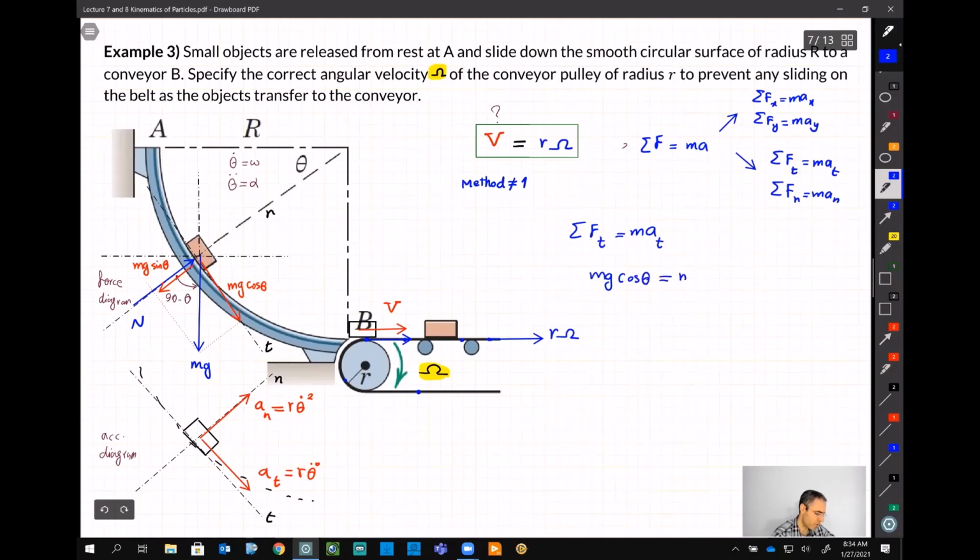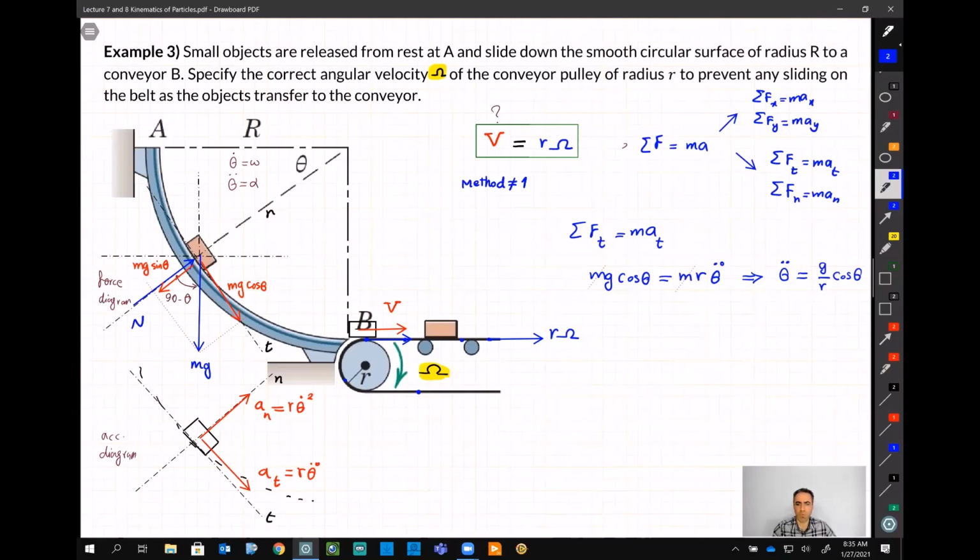It's equal to m at, which is m r theta double dot. So far good. We can get rid of this m, and we found theta double dot, which is g over r cosine theta.